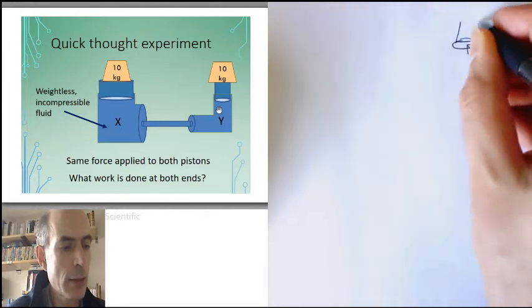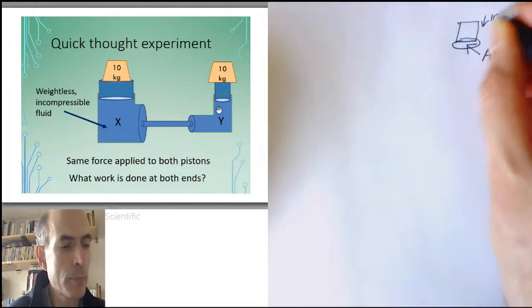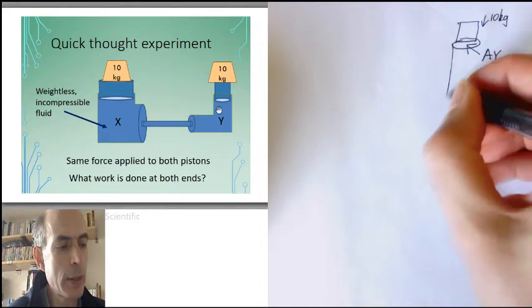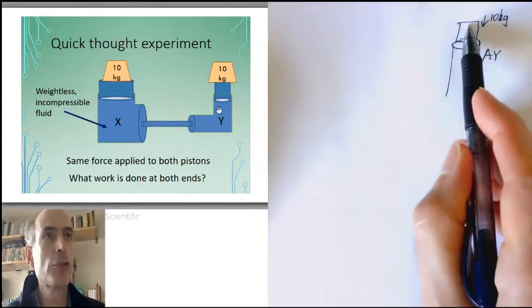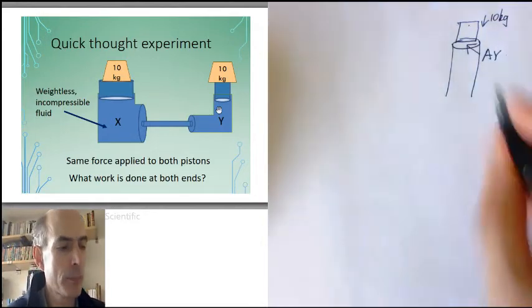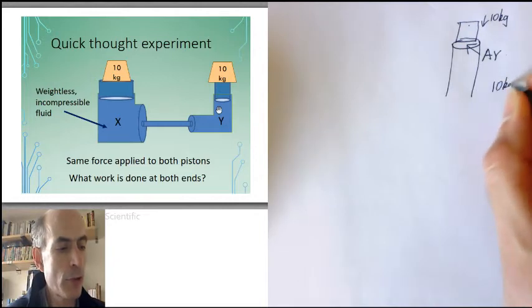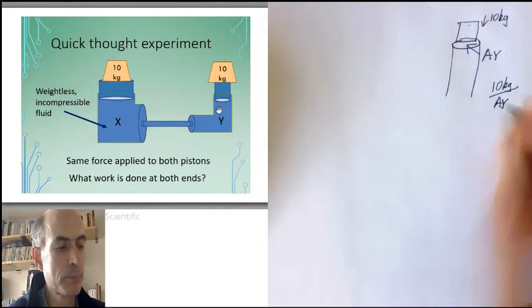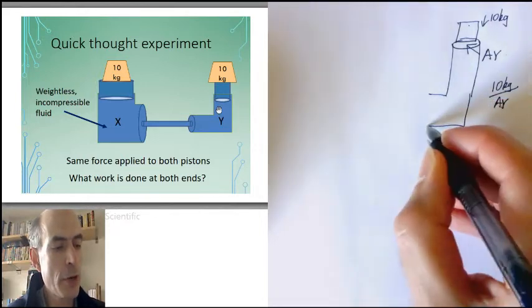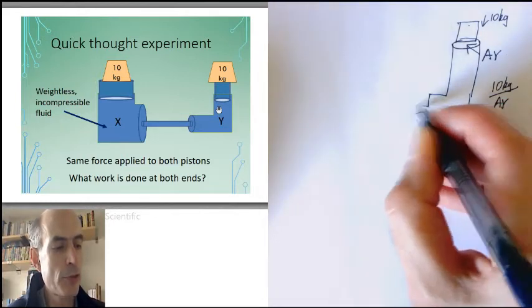It's got a 10 kilogram weight pushing down, so the pressure that's being exerted by that force acting over this area would be 10 kilograms divided by AY. That would be the pressure in this side of the system.